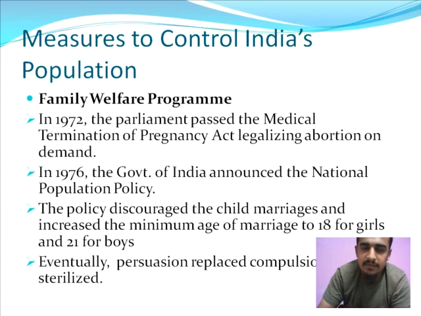Then, in 1976, the Government of India announced the National Population Policy. The policy discouraged child marriages and increased the minimum age to 18 for girls and 21 for boys. Now, how does this actually help the country?